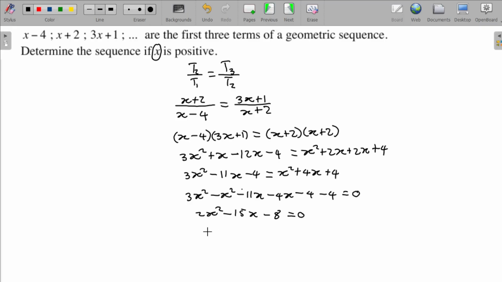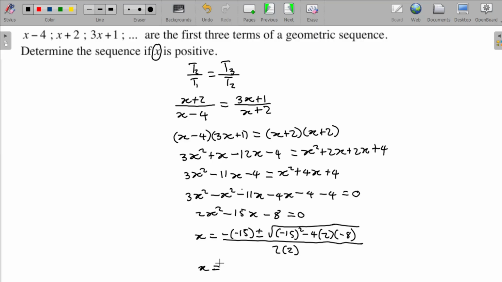Again, from here, we go straight to quadratic. x is equals to negative into negative 15 plus or minus square root of negative 15 squared minus 4ac, my a is 2, my c is negative 8, and then all over 2 into 2, then you punch your calculator.